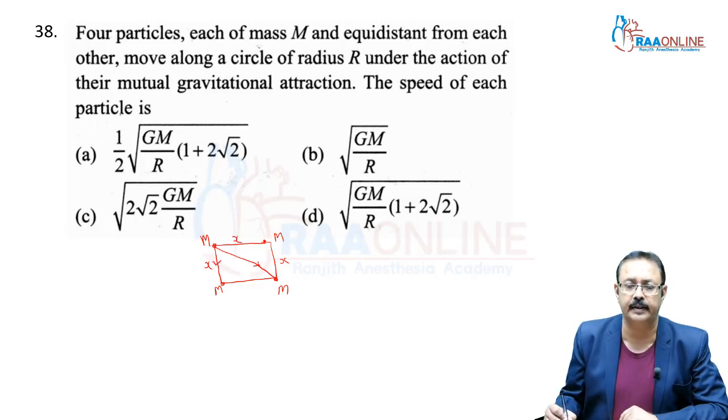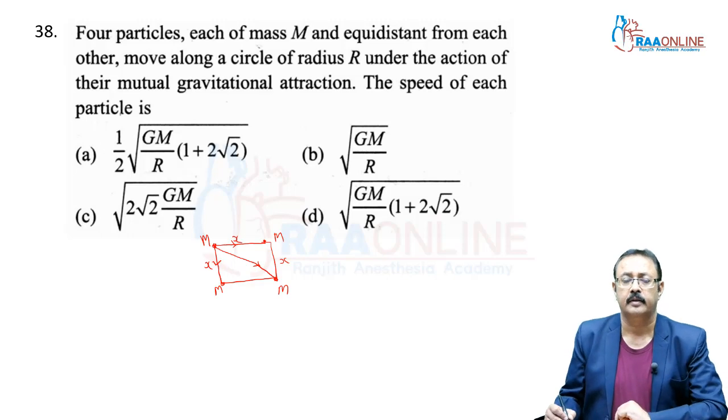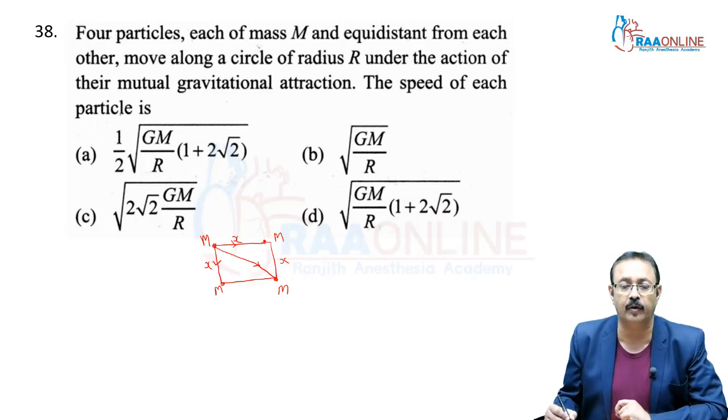We are taking this one, it will attract in this direction. So what is the total force acting on this? First we will calculate that. Due to this mass, force F1, and due to this mass, force F2.